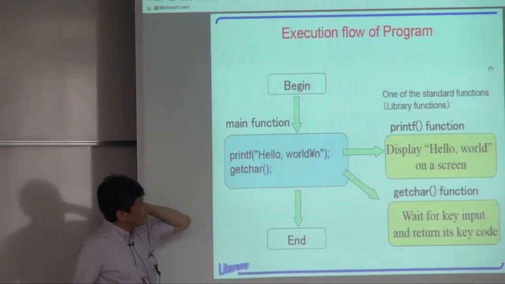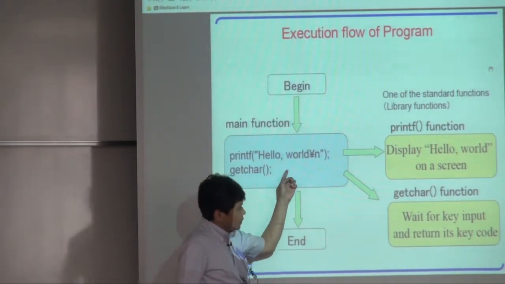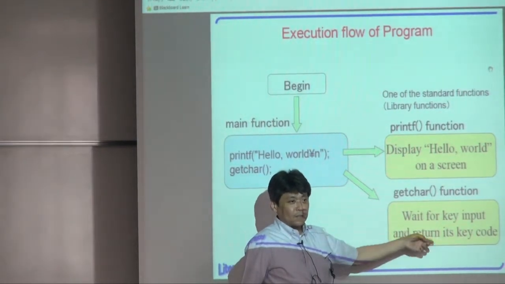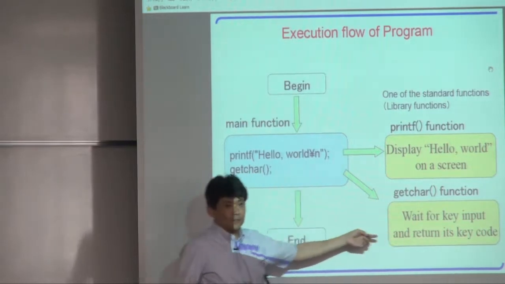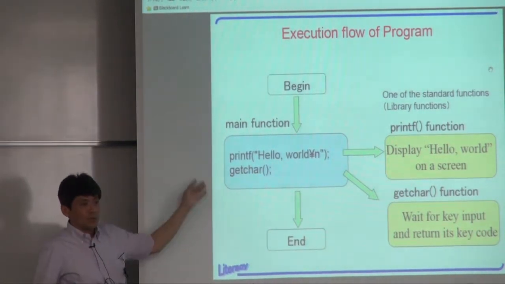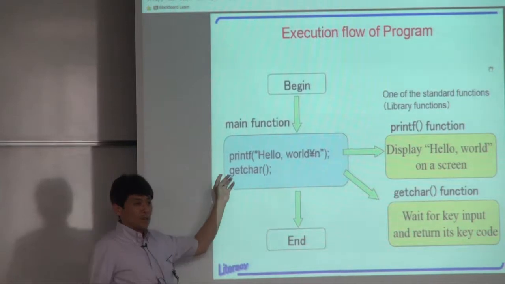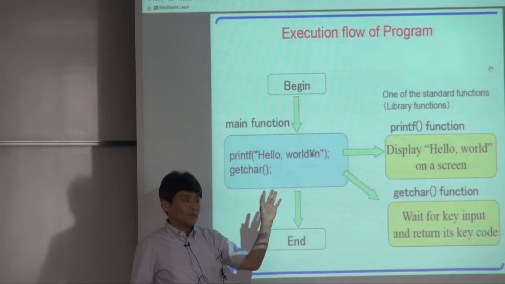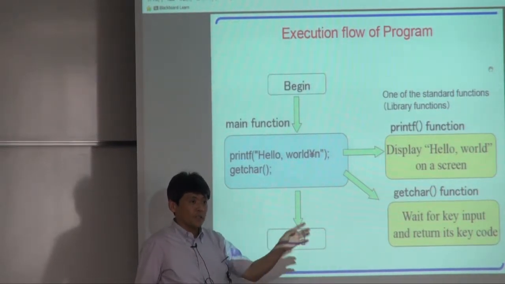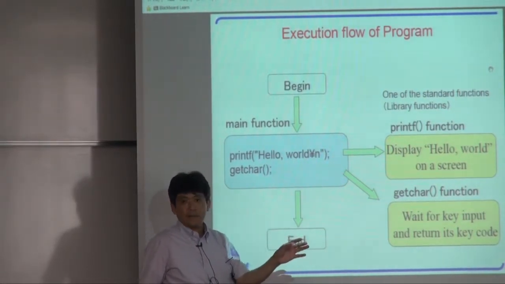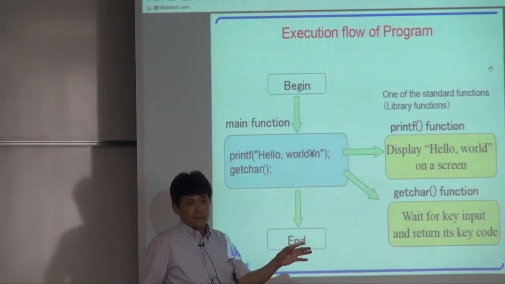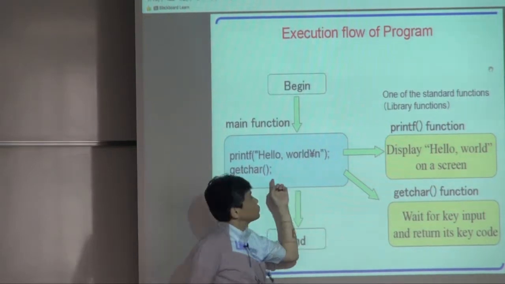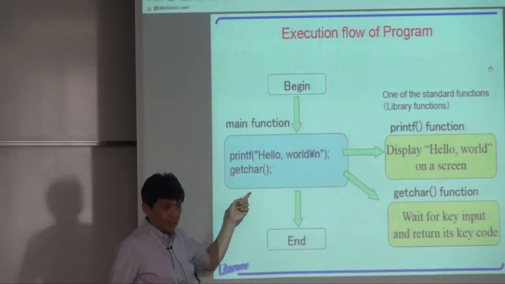The getchar function waits for key input and returns its key code. So if you execute this program, once the hello world string appears on the computer screen, after that the program waits for any key input. After entering any key, the program will be finished.